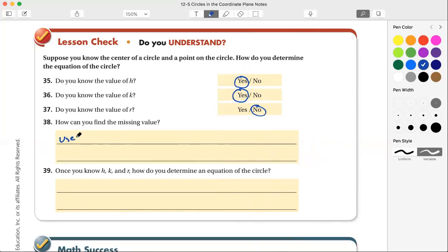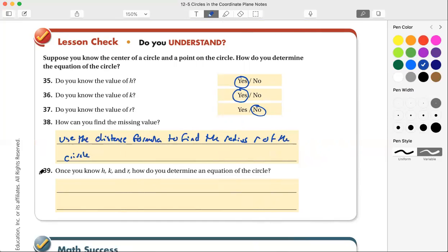You would use the distance formula to find the radius r of the circle. Once you know h, k, and r, how do you determine the equation?